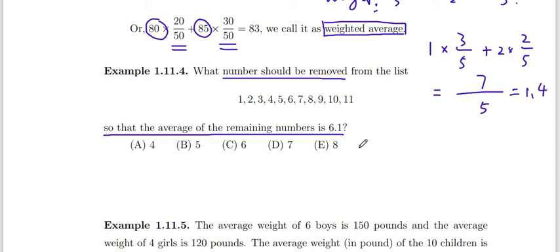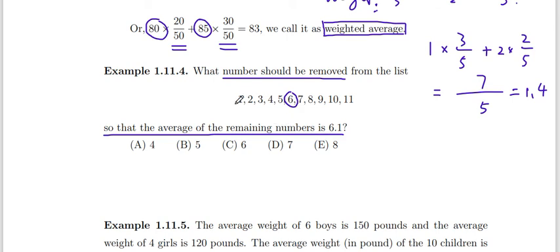Let's say the original average is what? We have 11 people, so the average is just 6, right? Which number should be removed?